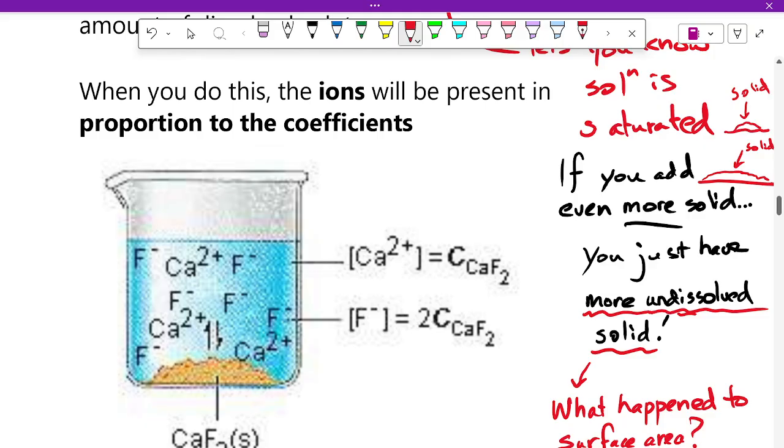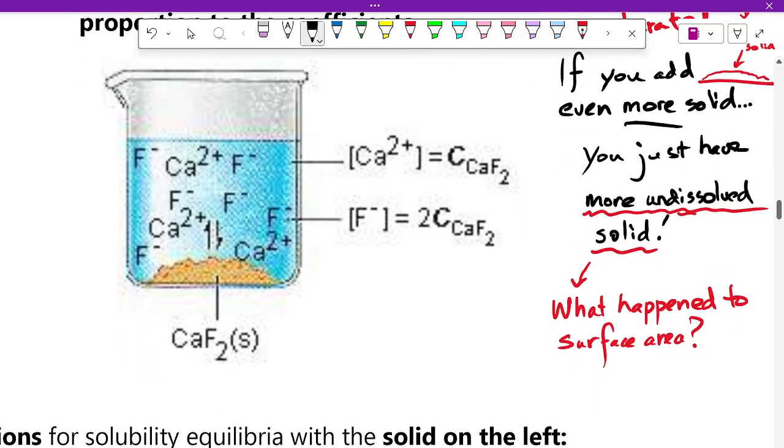We have more surface area. What does that do to the rate of dissolving? Therefore, the rate of dissolving has to increase.